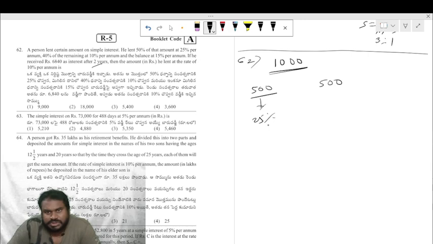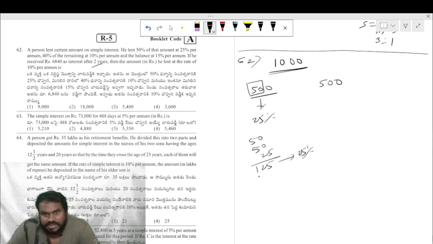For 1 year, how much? Out of 500, 10% is 50, 20% is again 50, one more 10%, 5% is 25. So 125 is 25%. But he has given it for 2 years, then 250 is the amount.